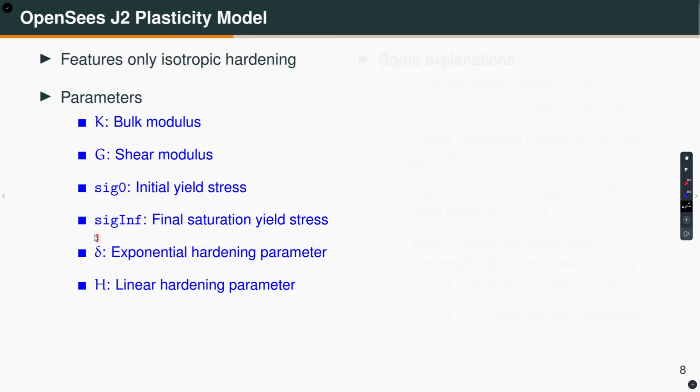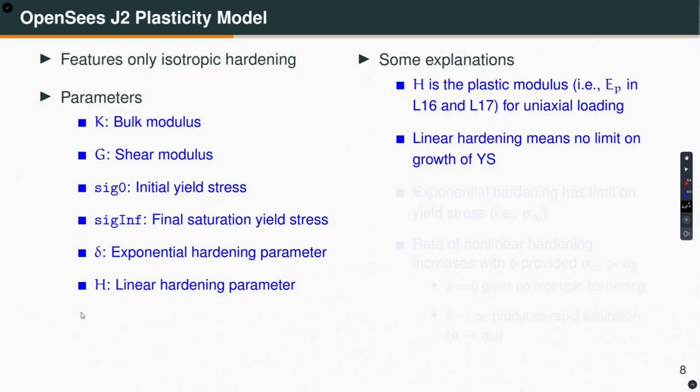Then there are two parameters, delta and H. I kept delta at something, it does not matter as long as these two are equal, and for H I said I am using a small value, H equal to 1, so that there is no isotropic hardening. But now we will be using all these three carefully to incorporate isotropic hardening. So, let us understand the meaning of this parameter. This H is actually, for uniaxial loading, the plastic modulus which we called E sub p in lecture number 16 and 17.